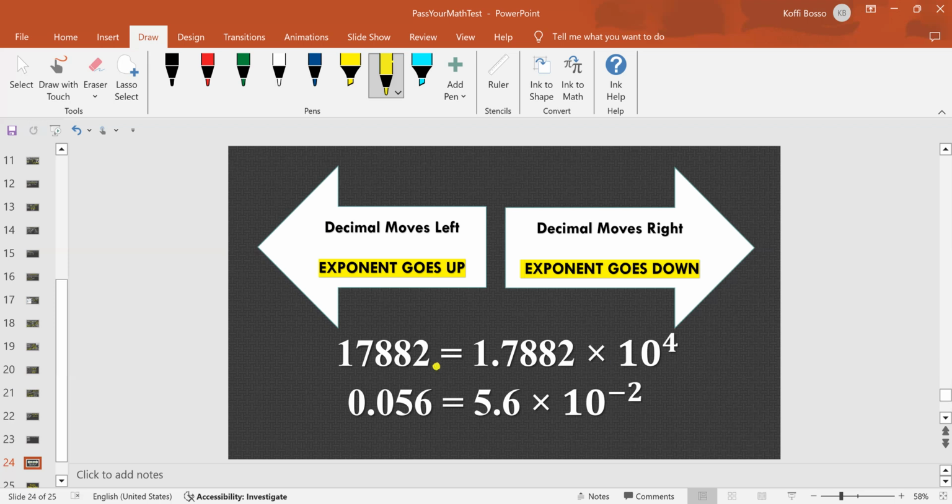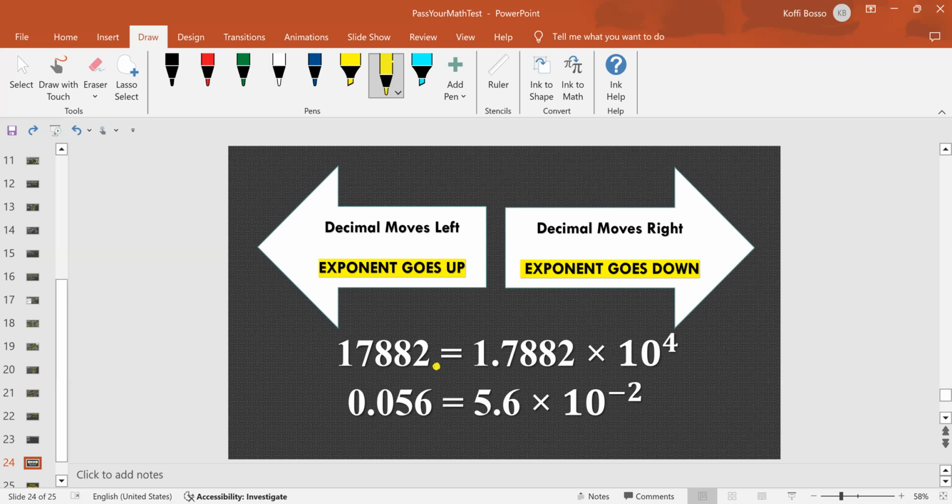Because if it's in terms of money, they will say 17,882, 0.00 cents, with a dollar symbol, depending on the currency you are using. So the decimal is after the 2. So we need to move this decimal to the left side.